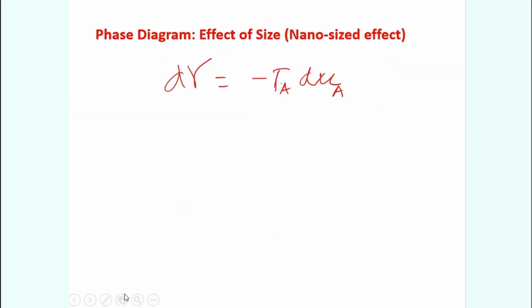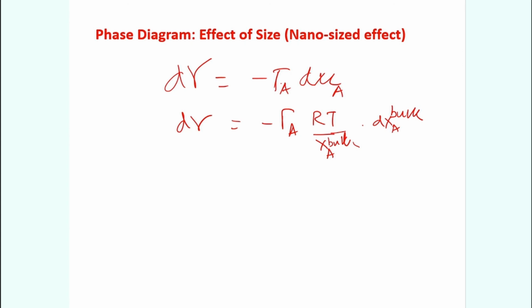So, now I go back here and plug that in. So, d gamma is mu A into RT divided by XA bulk, multiplied by dXA bulk, right.